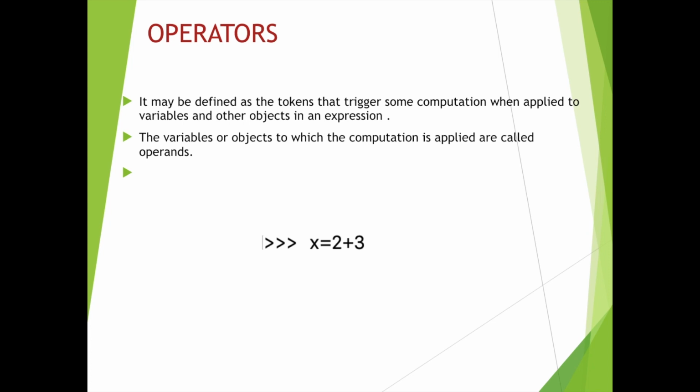Let us try to understand it with the help of an example. If I write x equals 2 plus 3, the symbol plus is known as the operator. What is the operator doing? The operator is helping the numbers to do some operation. Now, 2 and 3 are known as operands.